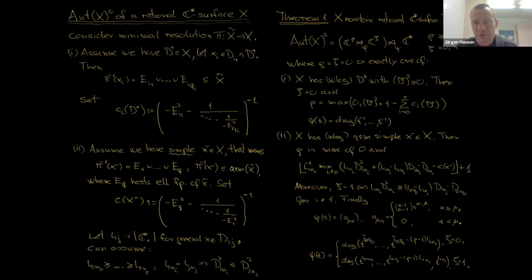The philosophy is that we get it really completely determined by intersection numbers of suitable invariant curves and some isotropy orders of suitable invariant curves. So this is a complete description of the automorphism group.